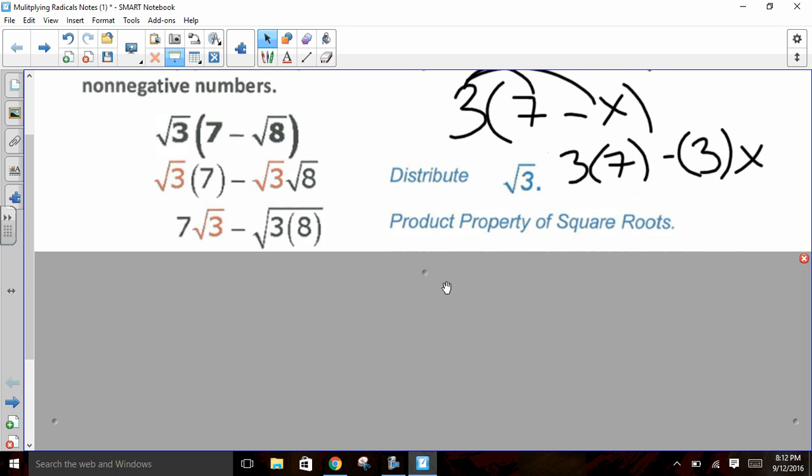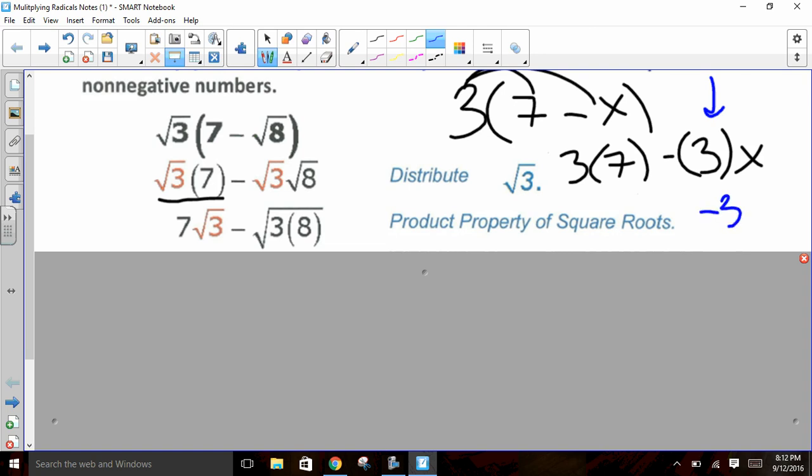Next, I'm going to take a look at the product. If you notice, my square root of 3 and my 7 are not the same thing. It's like saying 3 times x, which is kind of what I have over here, so my example is a little bit backwards. My 7 does not have a radical, so I don't get to magically create one with it, just like my 3 doesn't magically have an x.